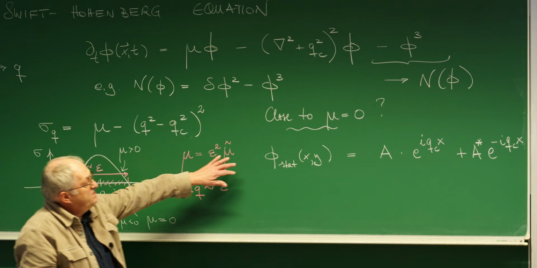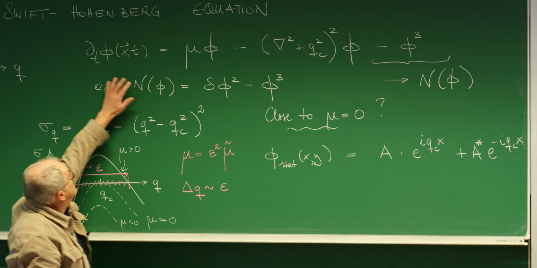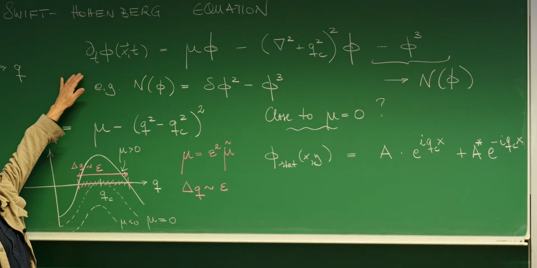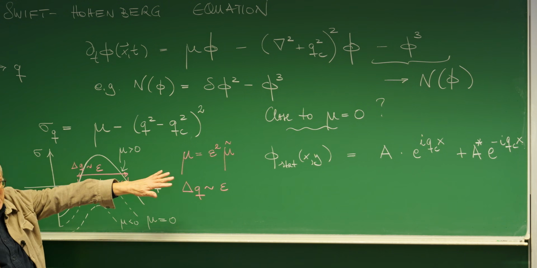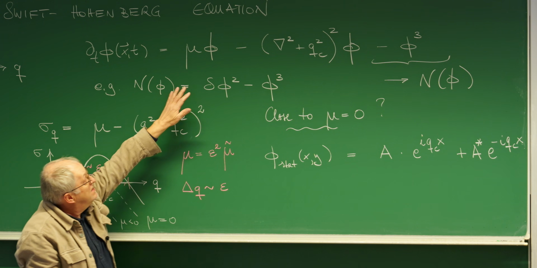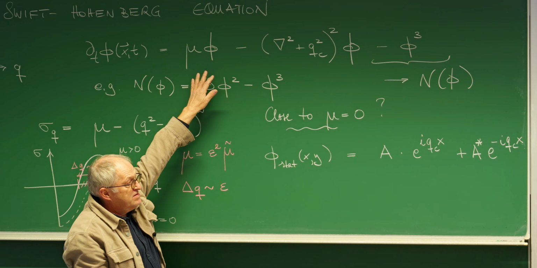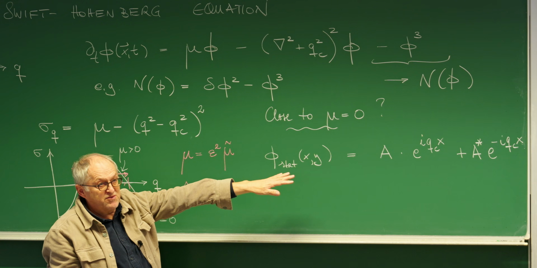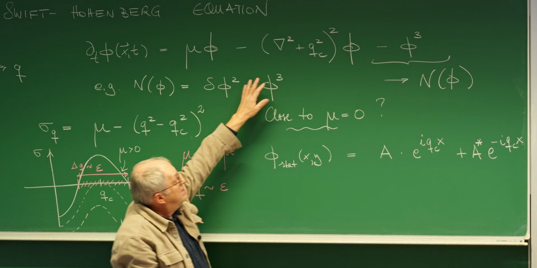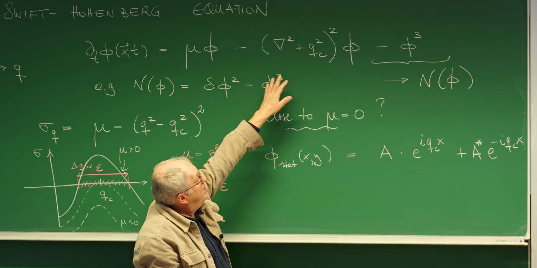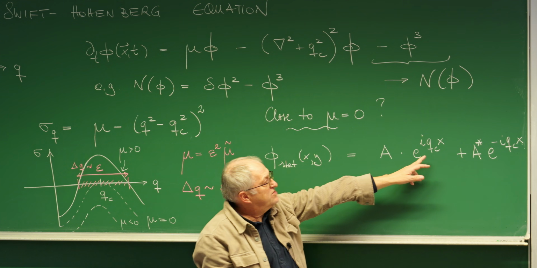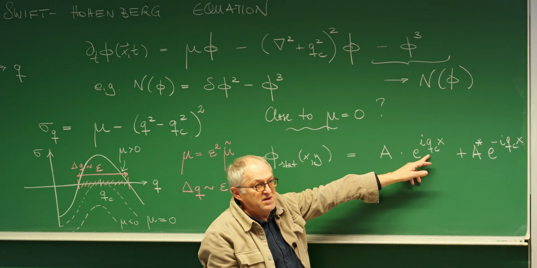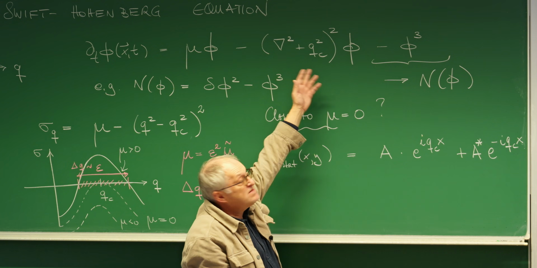Now take that and insert it into the Swift-Hohenberg equation. The left-hand side is 0 because I'm assuming a stationary state. Then I have a linear term here. This will give a linear term here as well. Then you have these gradient terms here with the nabla squared acting on QC squared, QC, that will make the QC cancel.